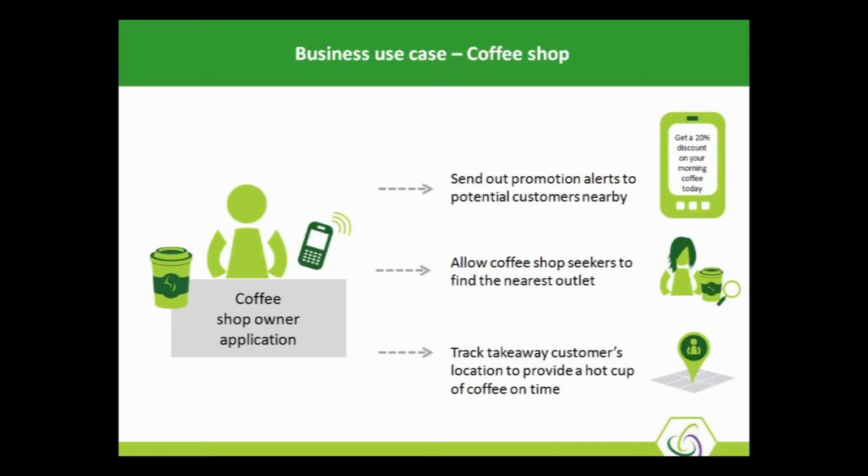Let's say we have 10 different outlets in Colombo. So when I'm traveling, I might find what's the nearest coffee shop, and I will get the location of that coffee shop. And another cool thing we can do for the coffee shop is, let's say I'm driving to work and I prefer to have a coffee in the morning. So what I would do is I place an order for the coffee shop.